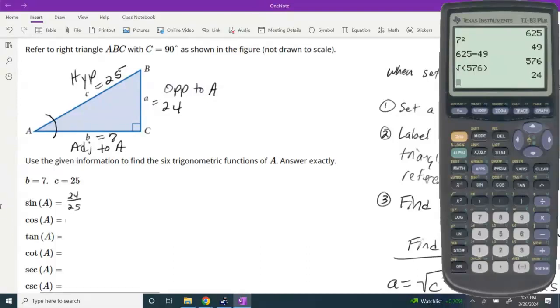The cosine of angle A, that's the chi part of Chief-Sohcahtoa. So the cosine is the adjacent over the hypotenuse. So the cosine of A is 7 over 25.